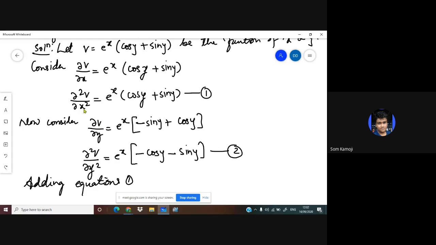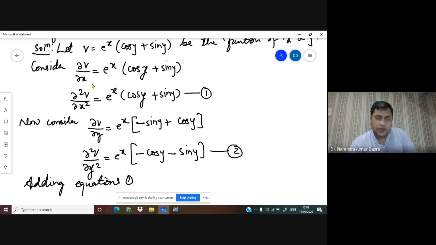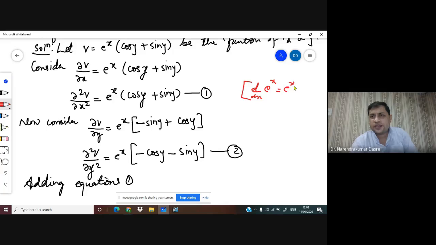Dou square v by dou x square. How will it be different? We are differentiating with respect to x, no? So the derivative of e raised to x is e raised to x. So d by dx of e raised to x remains e raised to x. Okay, yes, I got it. This is the function of x only. This is the function of y only, so it will be treated as a constant. So this remains as it is, and we only have to take the derivative of e raised to x, and the derivative remains as it is.